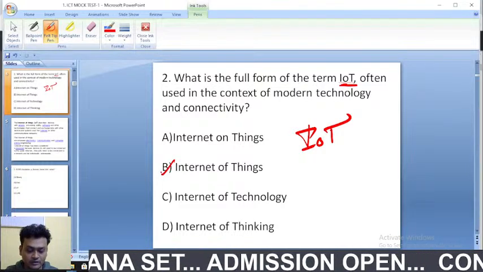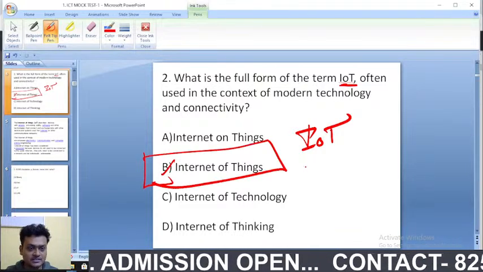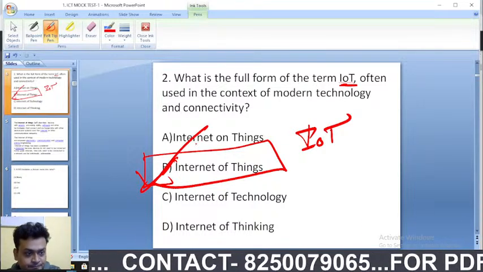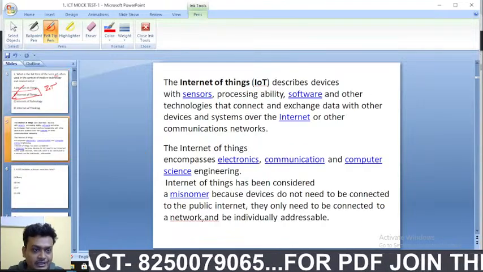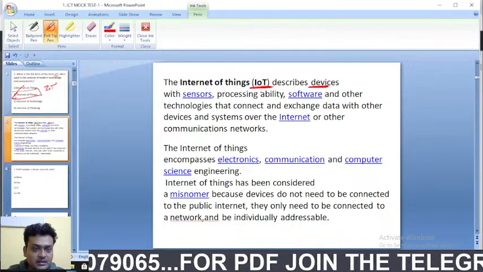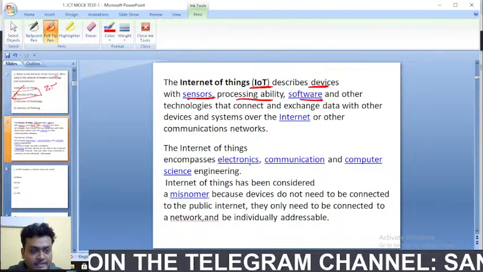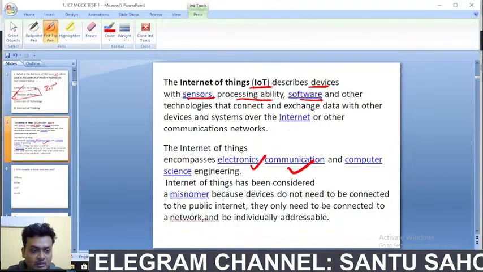Exactly, it's Internet of Things. Archana, it's Internet of Things. IoT means Internet of Things, B. IoT describes devices with sensors, processing ability, software as well. It encompasses electronics, communication, computer science, engineering.